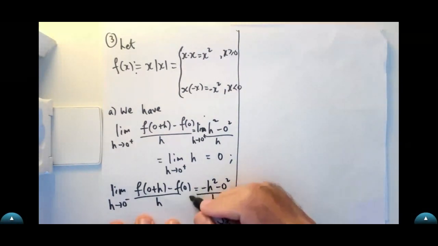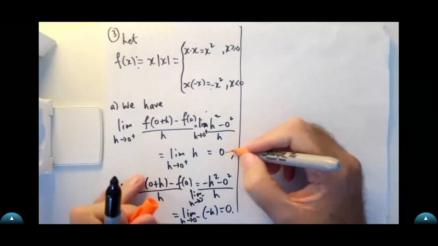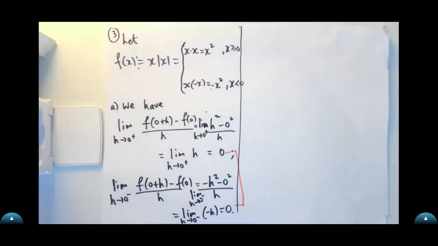So I've left off the limit again, sorry. Okay, so you're going to get the cancellation, and that's going to go to 0. So as we expected, these two limits are going to be 0.